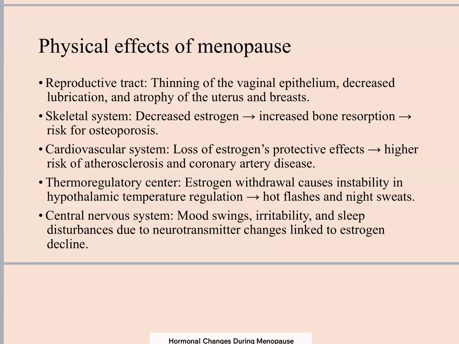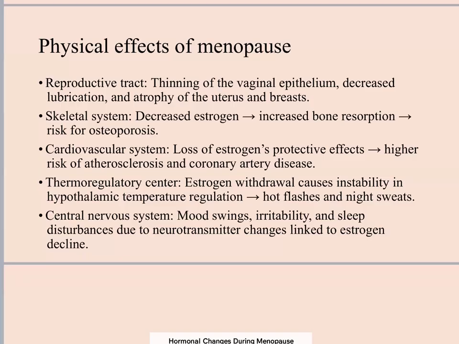I know a lot of us have heard of hot flashes, and it's a little mysterious, the exact mechanism, but basically, that lack of estrogen causes instability in hypothalamic temperature regulation, because that's another function of the hypothalamus. And that can lead to hot flashes and night sweats.